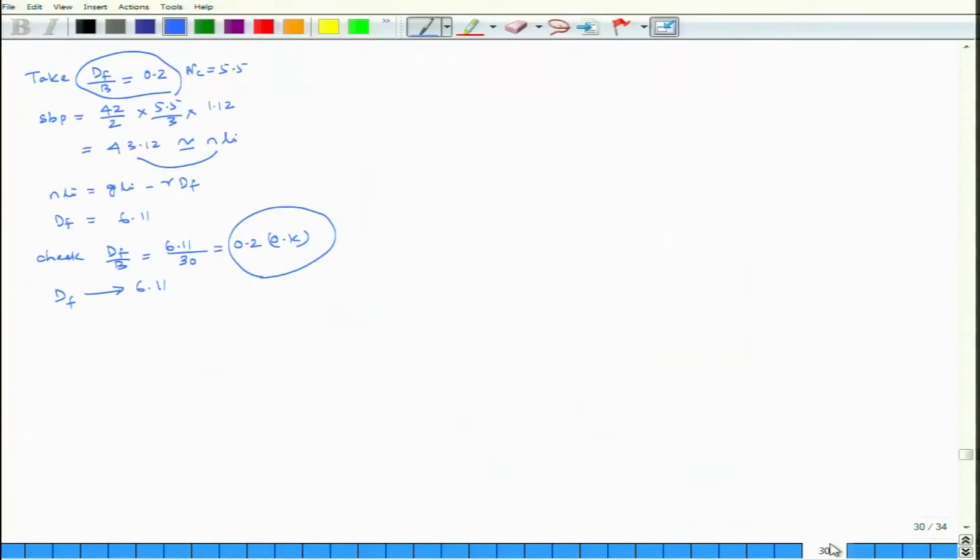Now come to part B, parametric study. df at full compensation.